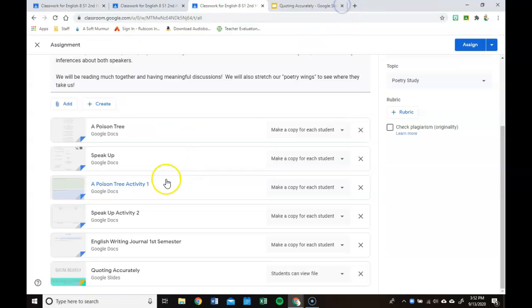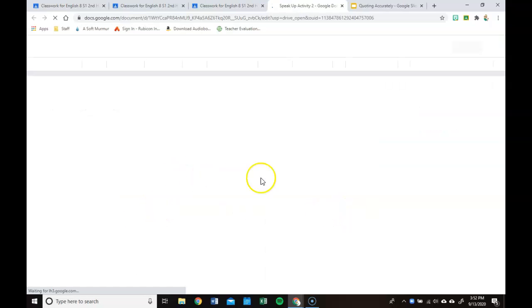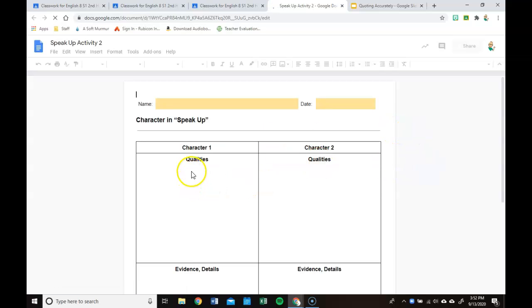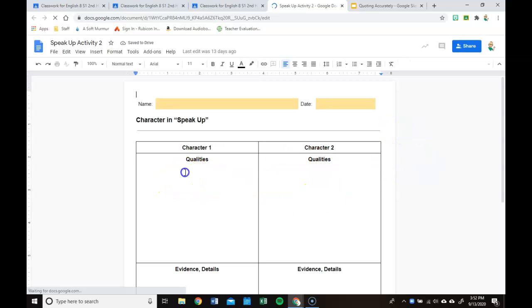All right, and then, of course, Speaking Up, I told you, was about talking about character. So in the poem Speaking Up, we have two characters speaking to each other. So there's character one and character two. What qualities does character one have? All right, so tell me, what qualities are they? Are they kind? Are they thoughtful? Are they evil? How are they?